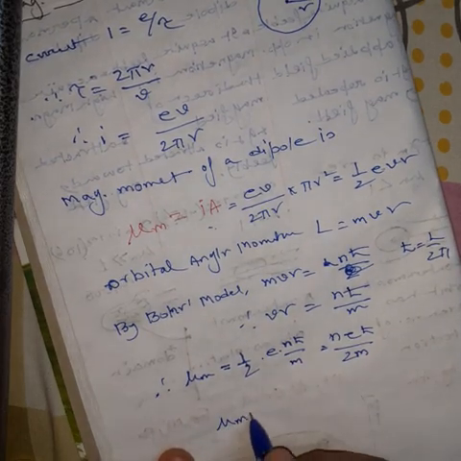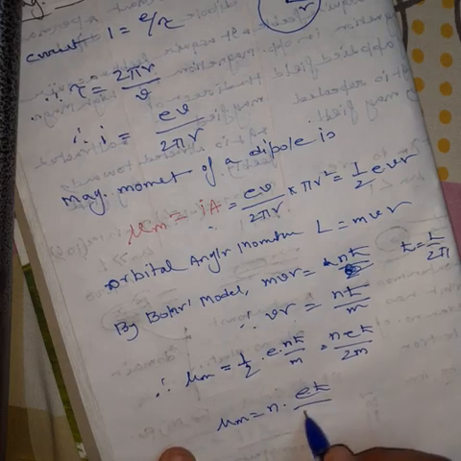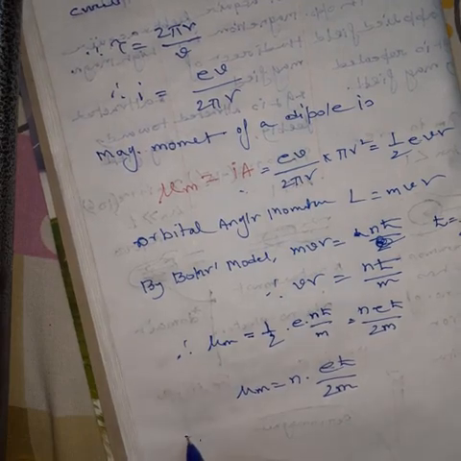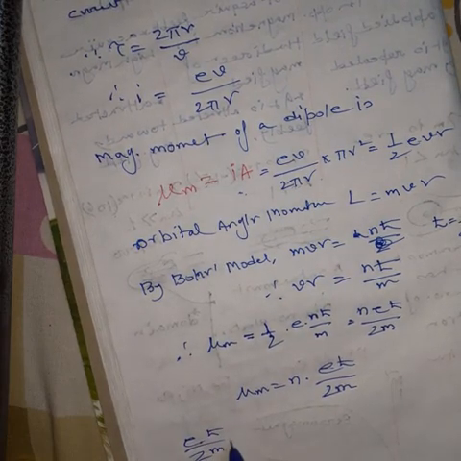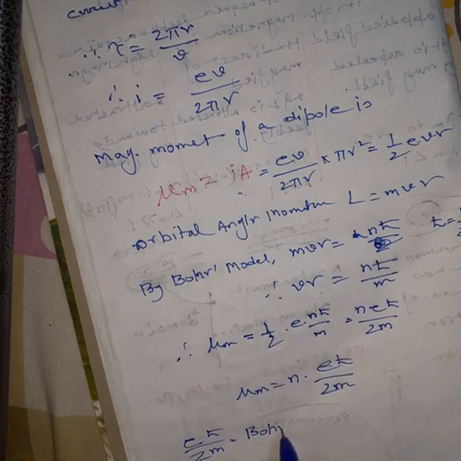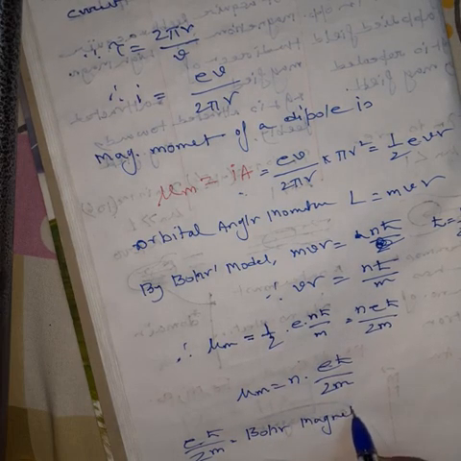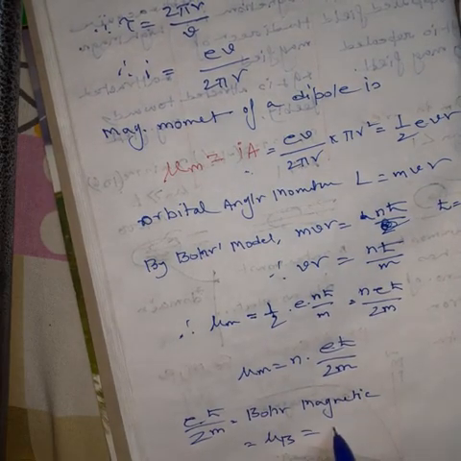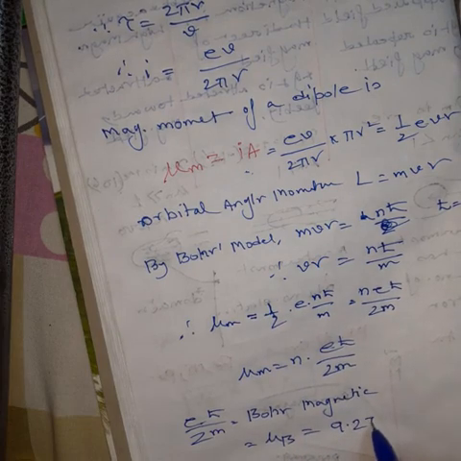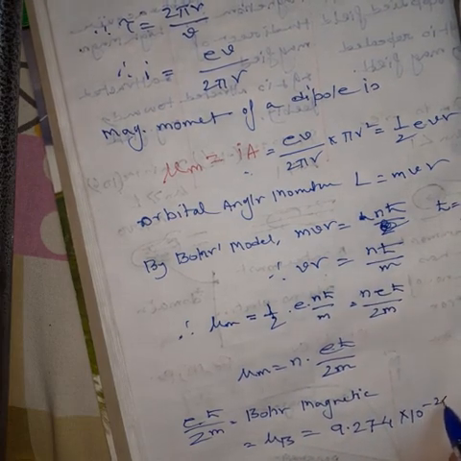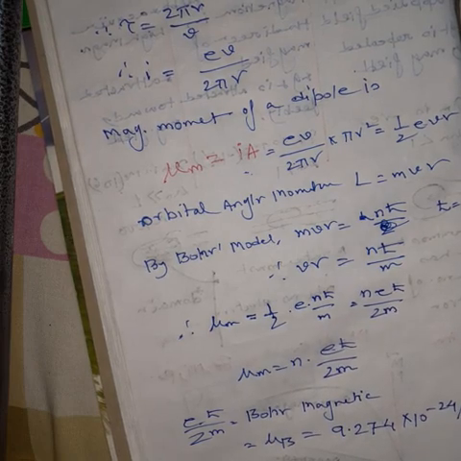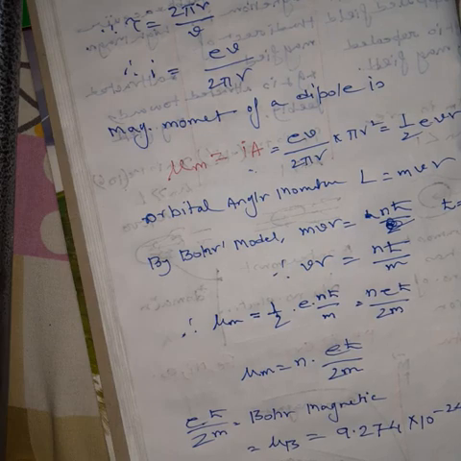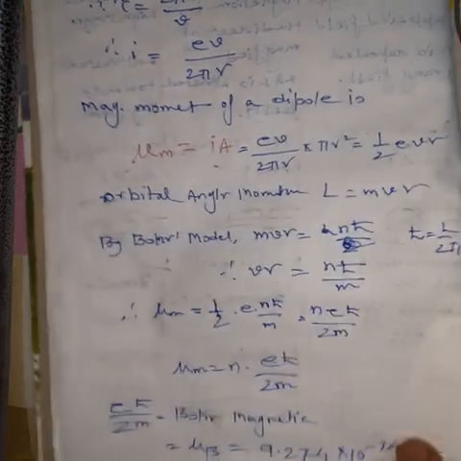So mu m is n into e h cross by 2m, where n is the orbit number. Now e h cross by 2m is known as the Bohr magneton, that is the magnetic moment for an electron revolving in the first orbit. It is denoted by mu B, and you have to remember the value. This is a constant, 9.274 into 10 to the power minus 24 ampere meter square. So this is the calculation part of it.